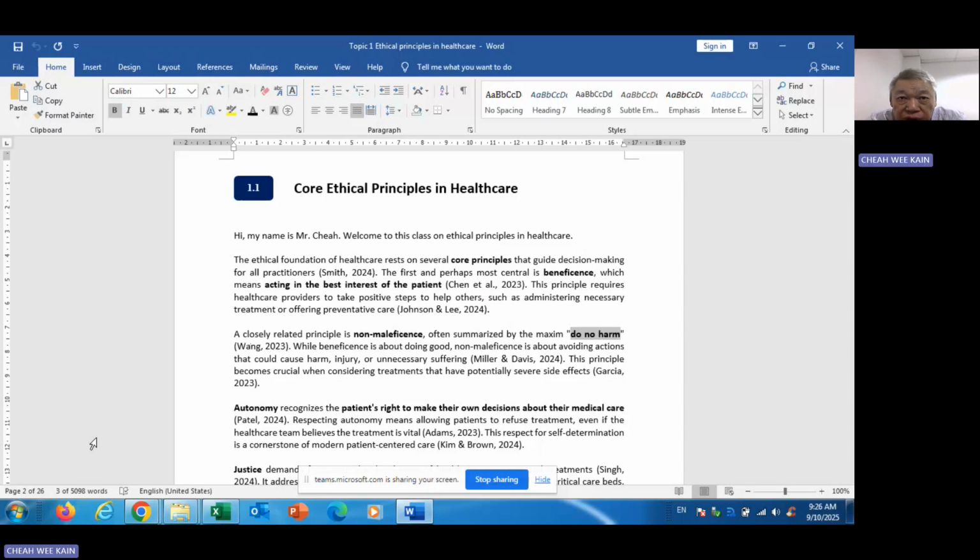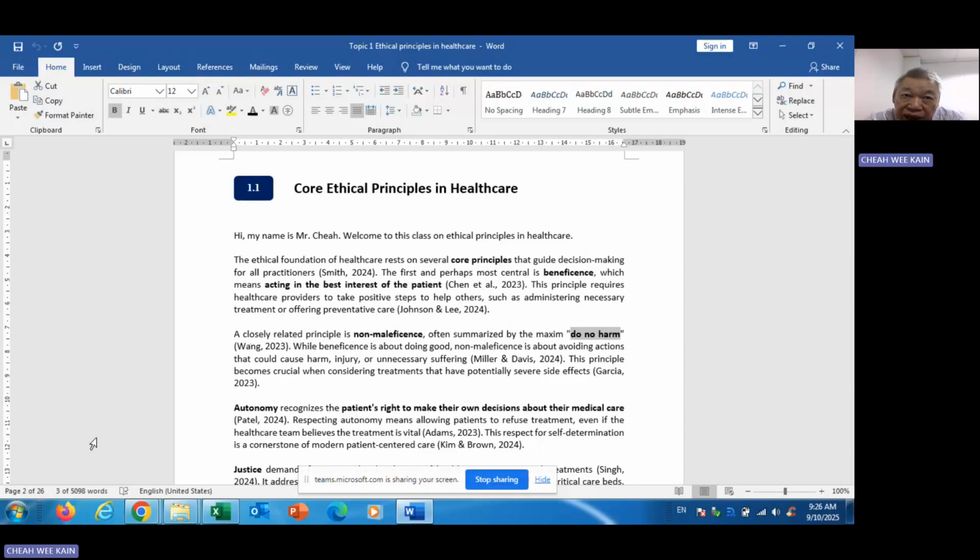But you do not have the equipment, and the plane is flying maybe 30,000 feet high. So what you can do actually is to do no harm. Don't aggravate the patient's medical condition.